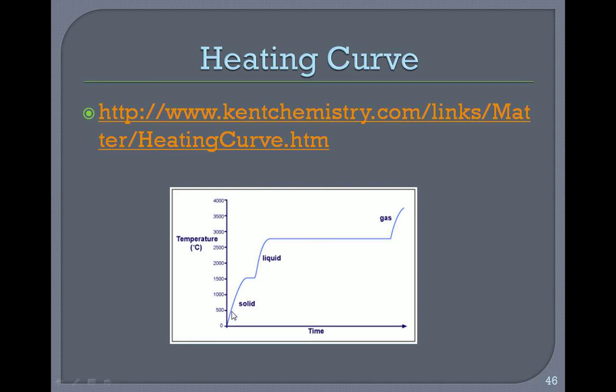In the first part here, the substance is a solid from that temperature up to there, and at that temperature it starts to melt, and it takes a lot of energy to be put into it to keep it melting, and then once it's all melted, the temperature can rise, and it reaches another flat line where it has to absorb a lot of energy until every last molecule of the liquid is turned into a gas. So the temperature stays the same until all the energy is overcome by the input of heat or energy to make every last bit of the molecules separate and turn into a gas.